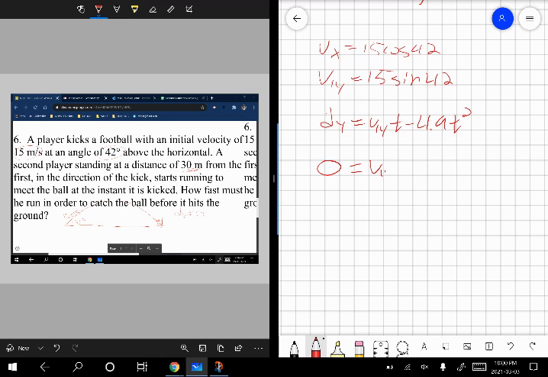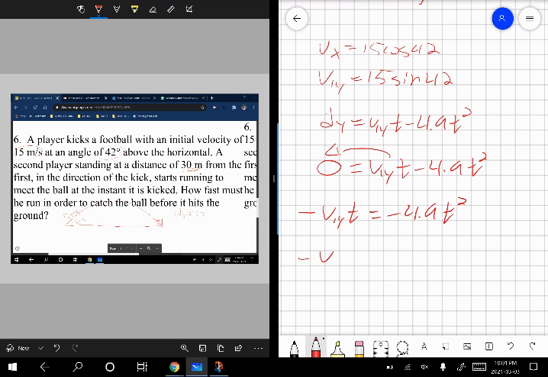So you're going to put your V1y in here that you find from above, minus 4.9 t squared. You're not going to have to use the quadratic formula this time because it's going to be negative V1yt equals negative 4.9 t squared. The negatives will cancel out.